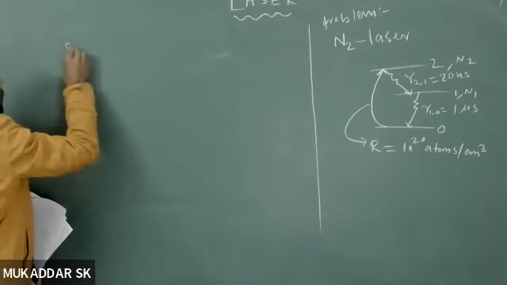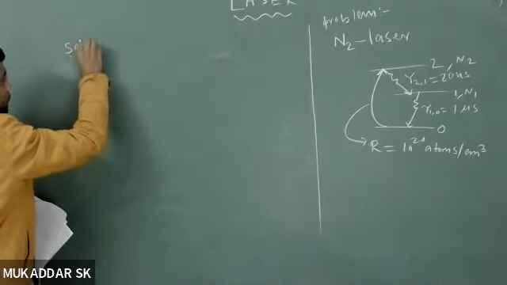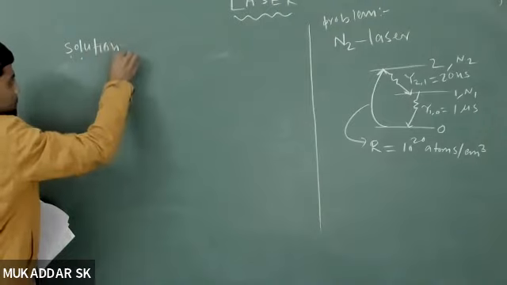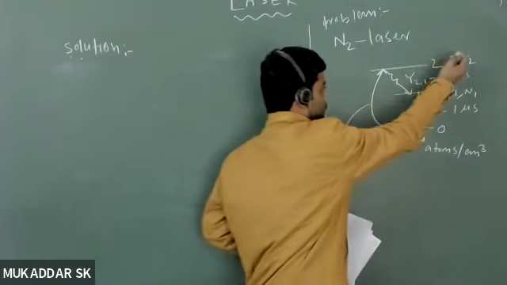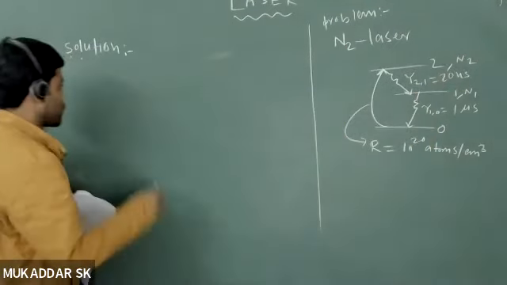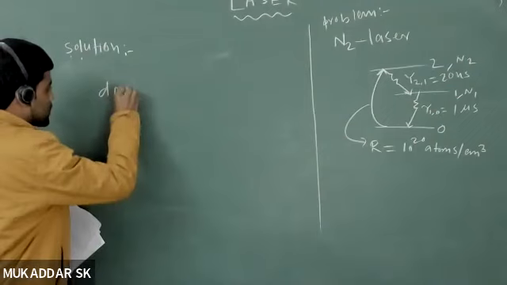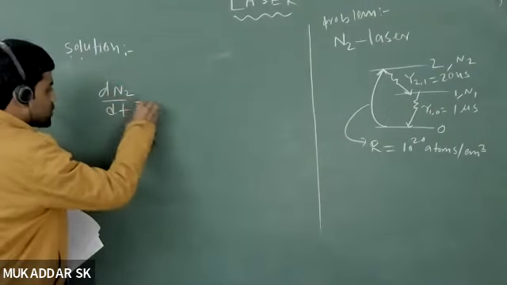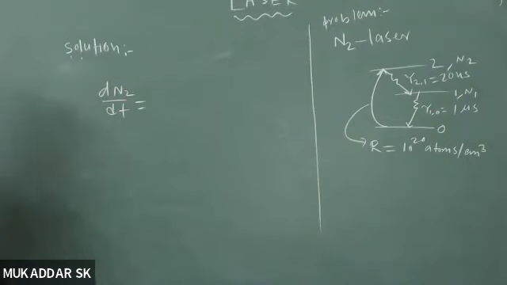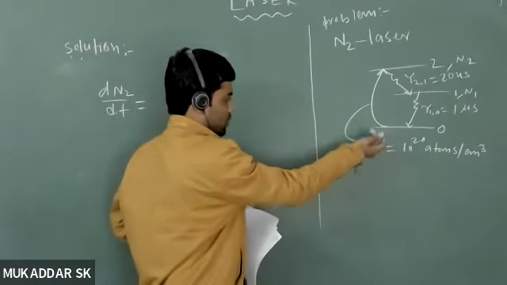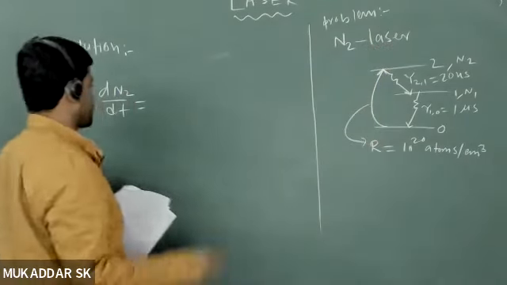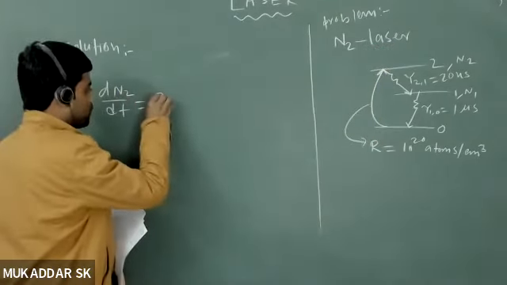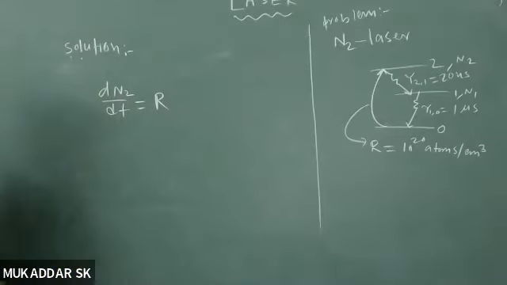So let us solve this question. Let us assume the population at level 2 is N2. So what will be the total rate of change of population? The pumping rate is R, and at this rate the population of level 2 is increasing, so I'll use a plus sign.